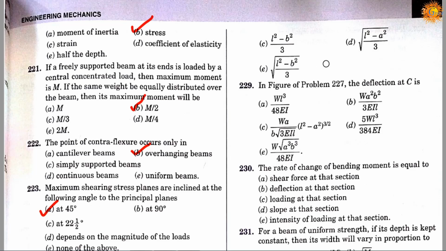Correct answer is D, it will be under root of L square minus A square divided by 3.